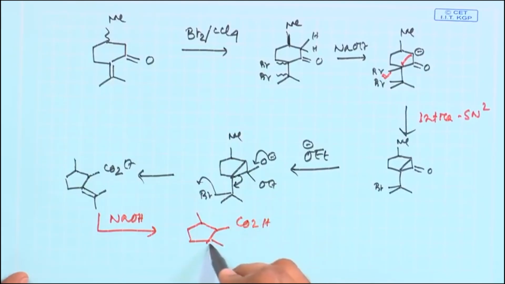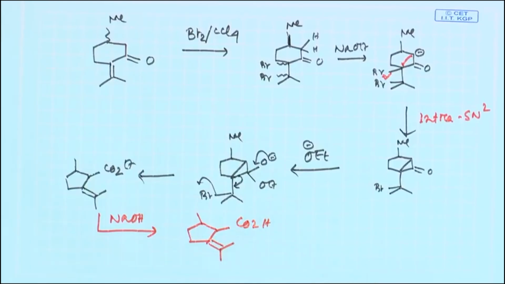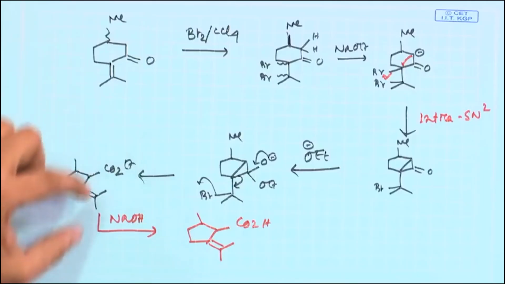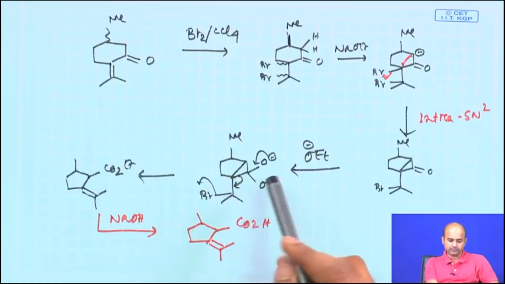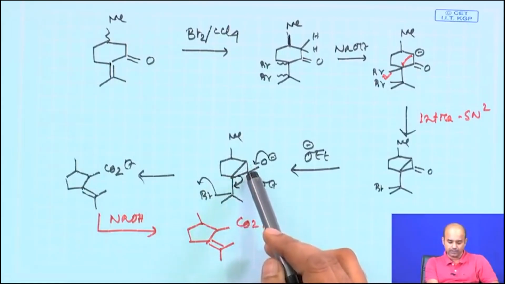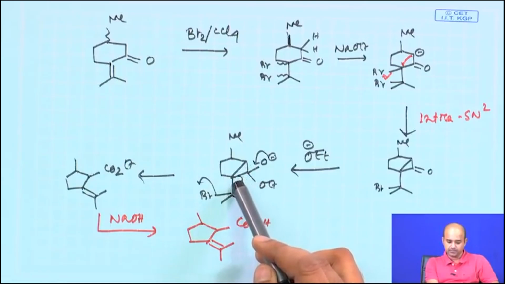So, you see, we have represented the Favorsky reaction in a different perspective. We do the Favorsky reaction, at the same time we put a group here, this kind of group which helps the Favorsky when the ring collapse starts taking place.